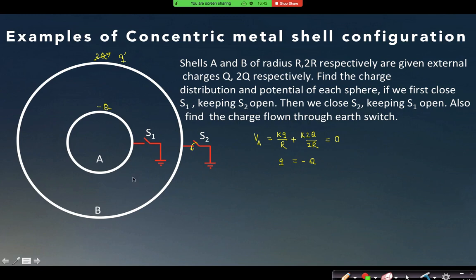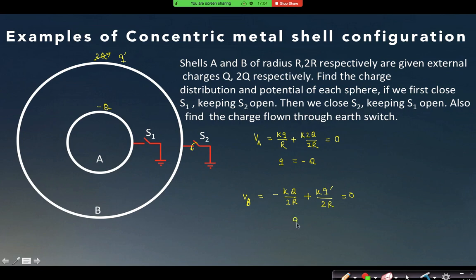Now I have to find the potential of the shell B. If I use the superposition, then it is minus kq by 2r plus kq prime divided by 2r. Can I make it 0? Yes.